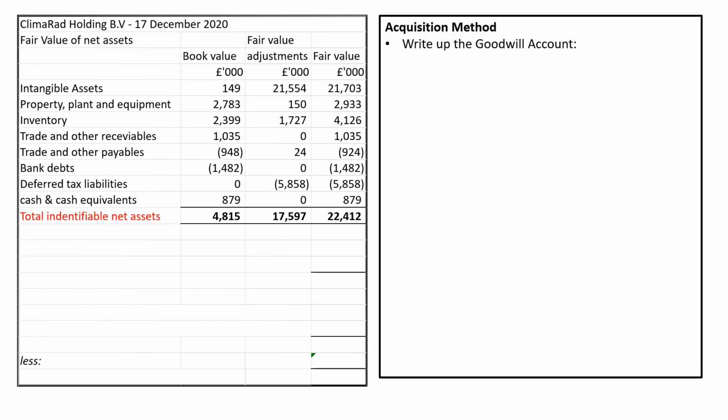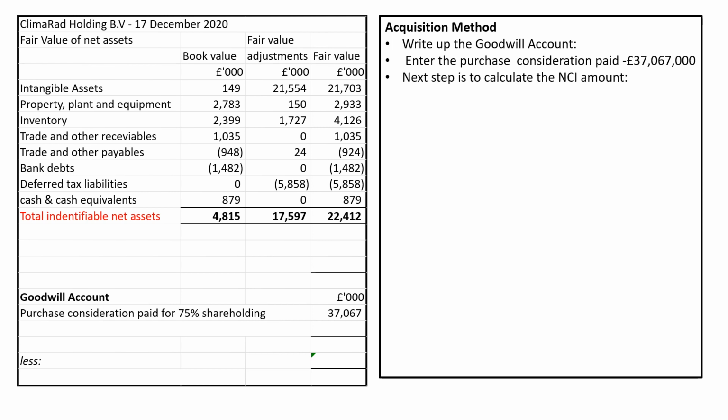So our task is to write up the goodwill account. The first entry you make is the purchase consideration, which in the question was 37.067 million.